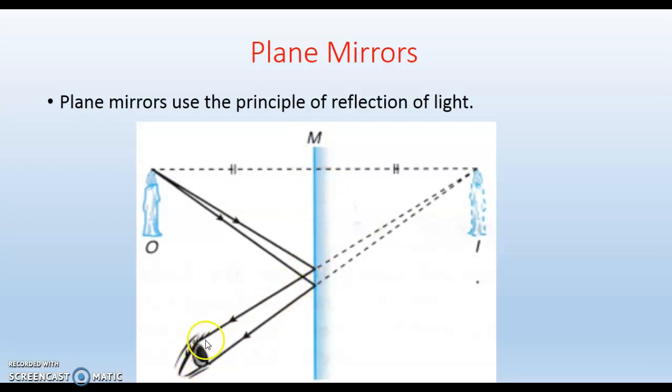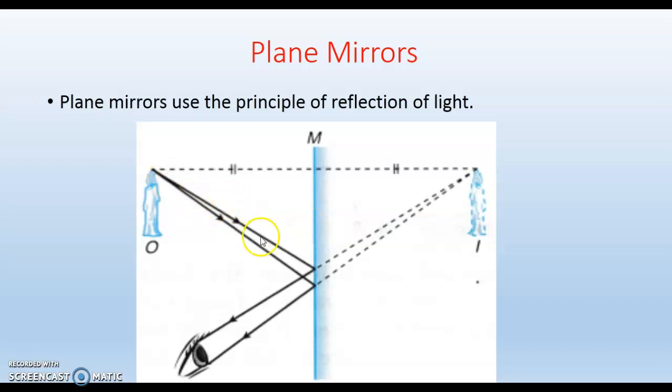Then your eyes, you may be standing here to look at it, but virtual rays are projected in this manner, and then you are going to see the image of the candle somewhere here. So this is how plane mirrors are able to form images.